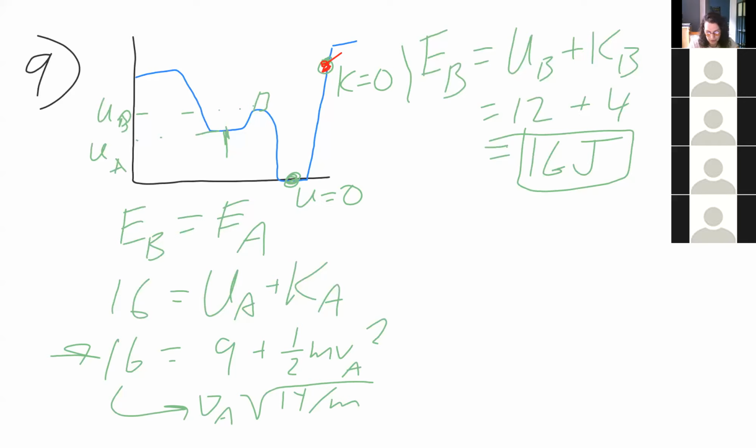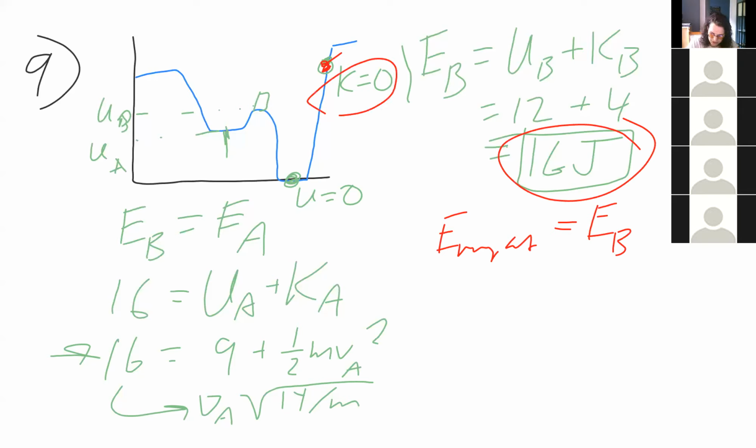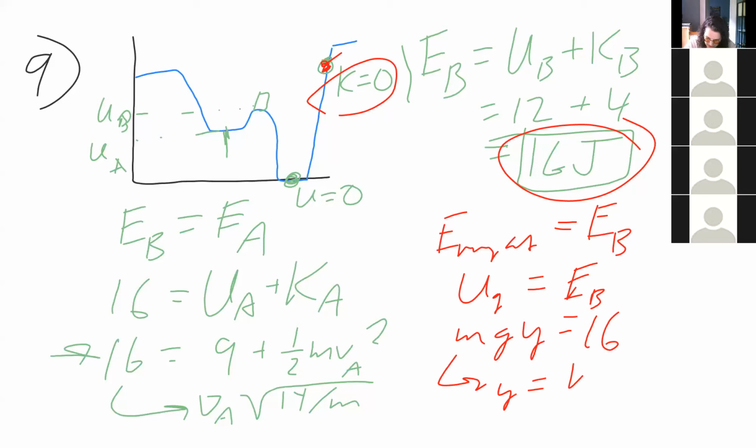In that case, I would set my energy at the right equal to my energy at point B, which we know is 16 joules. Since we have no kinetic energy there, we just have potential energy due to gravity equal to the energy at B. So you have mg times y is equal to 16 joules, and this gives you y equals 16 over mg. Yours will be different; it's not super important what the 16 is. This will give you a height.